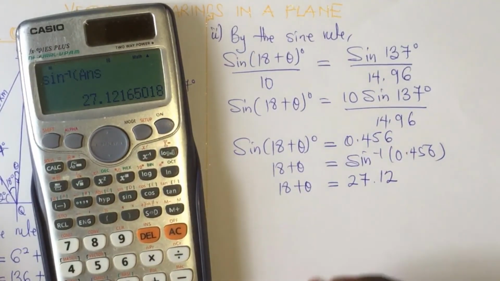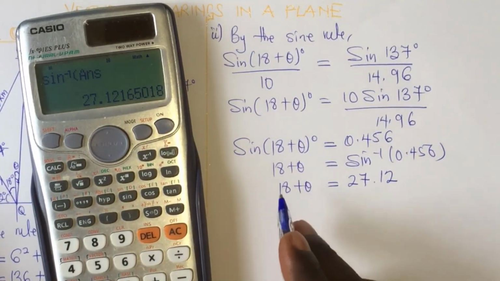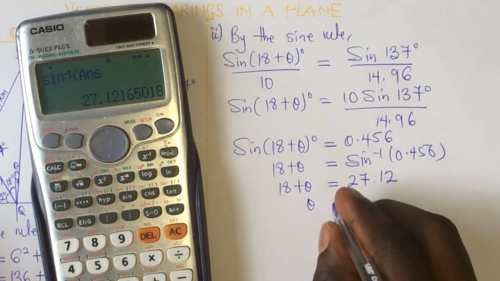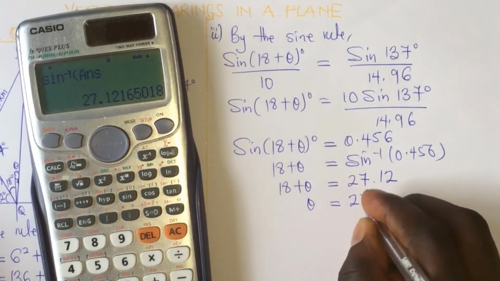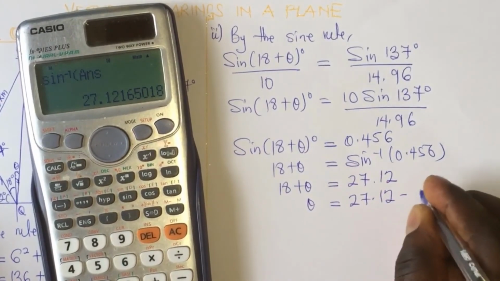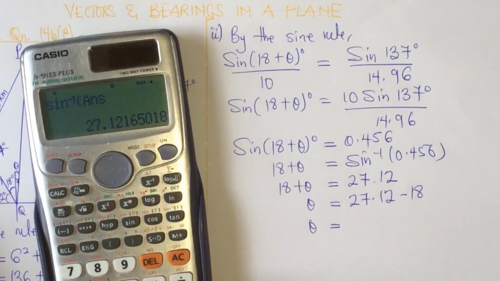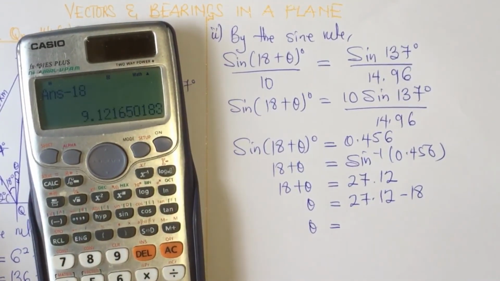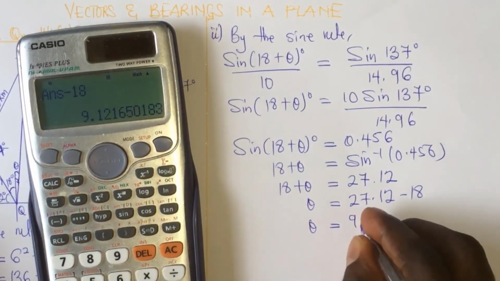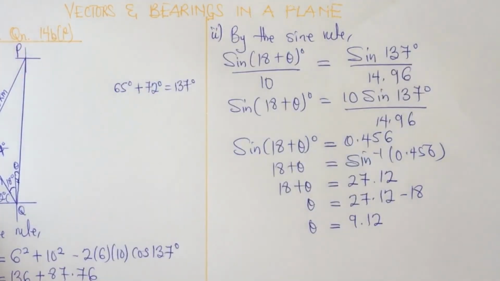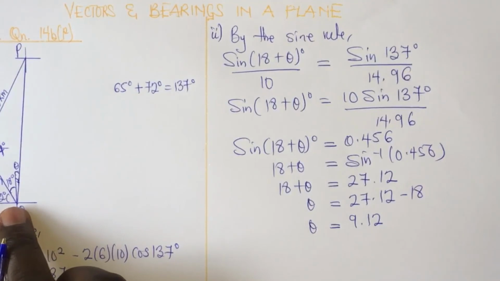That one will give us 27.12. So to get theta, we have to transpose 18 to the right hand side, which gives the value of theta to be 27.12 minus 18. Then when we subtract 18 from that, we get 9.12. So theta is the bearing that we are finding.